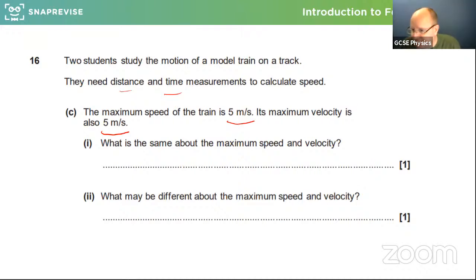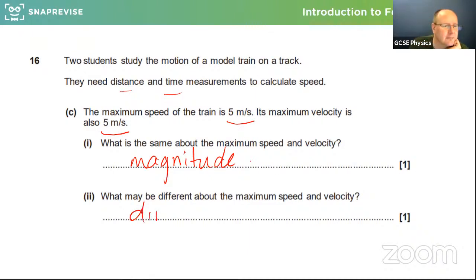Thank you, Janatul. Magnitude, yeah, brilliant. So the magnitude is the same, they have the same size, the same number. What might be different? Yeah, they both have a magnitude of 5 meters per second, and you would use the same units, yeah, but without direction, that's speed, not a velocity. So the difference between them is the direction could be different.